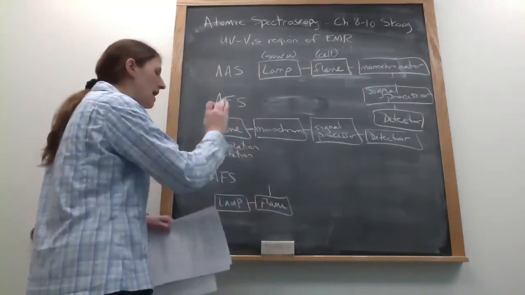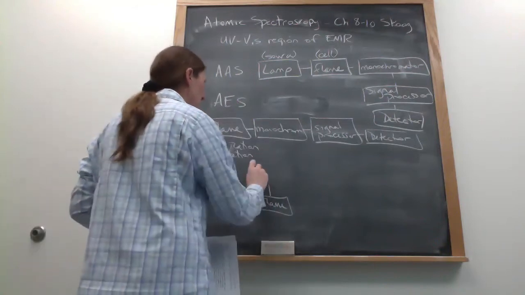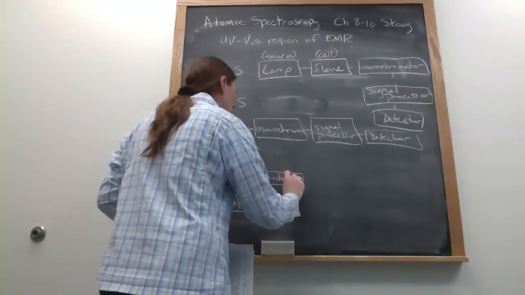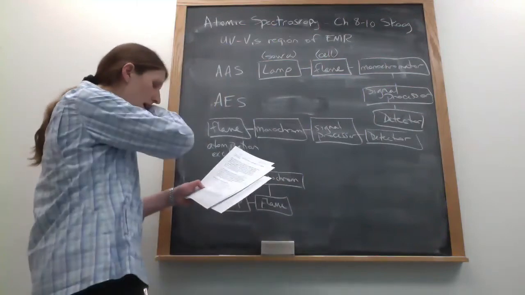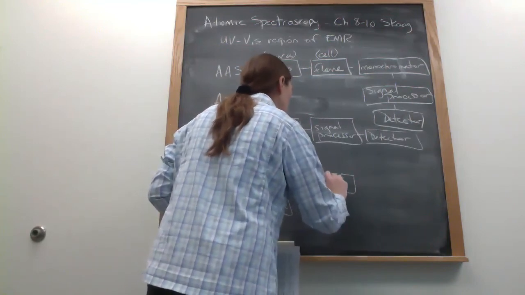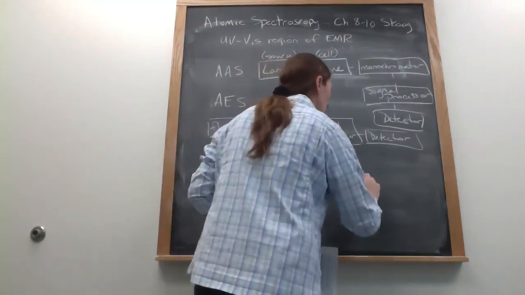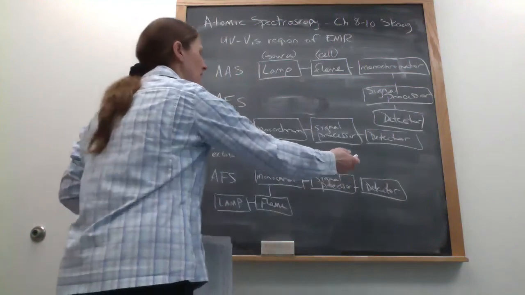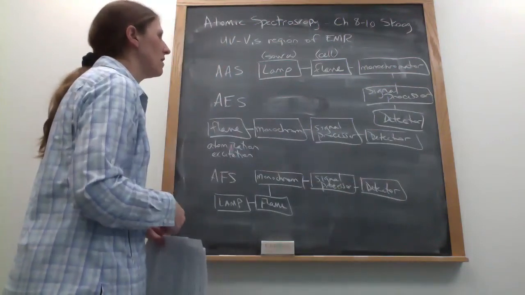In fact, it's going to be at a right angle because we just want to see the light emitted. This then is going to go to a monochromator so that we can get the emitted light, not the light from the lamp. We don't want to look at absorbance. And then that's going to go to your signal processor and detector, or vice versa. As I said, these are kind of combined detector and signal processor as a result.